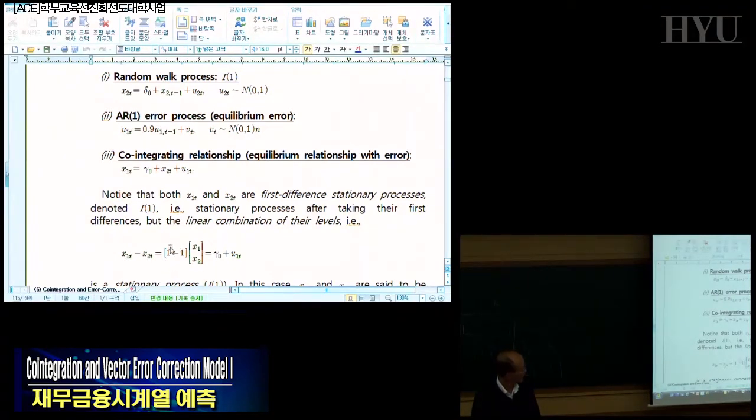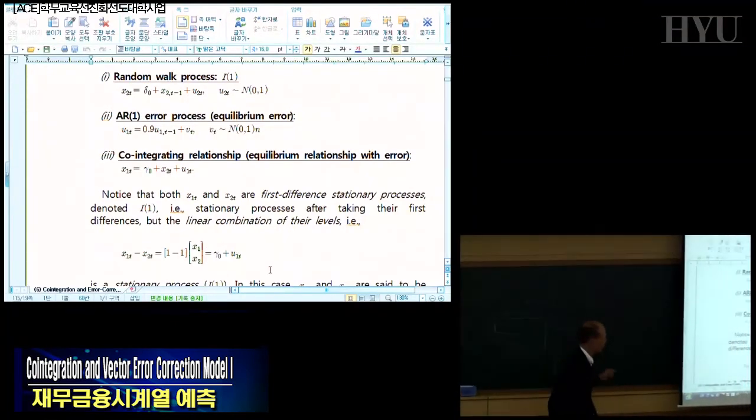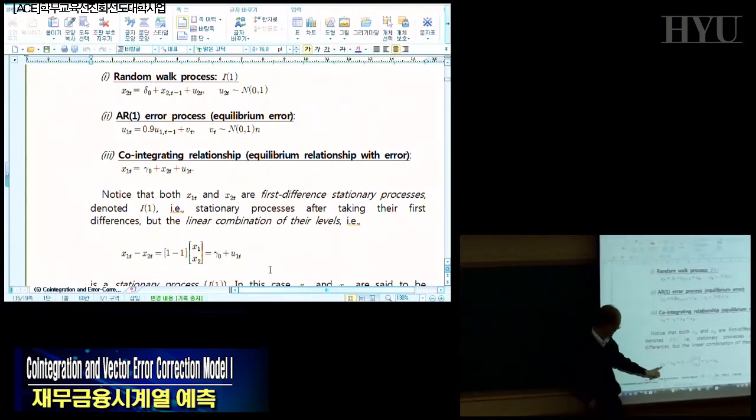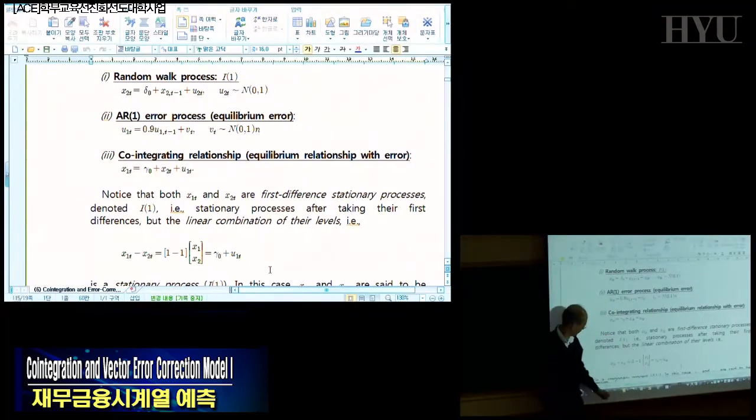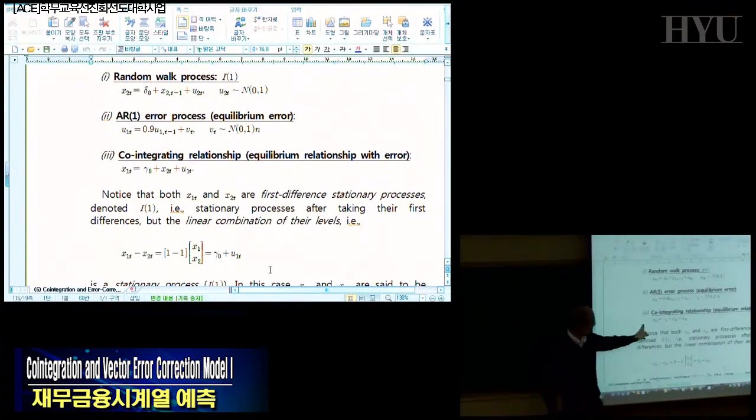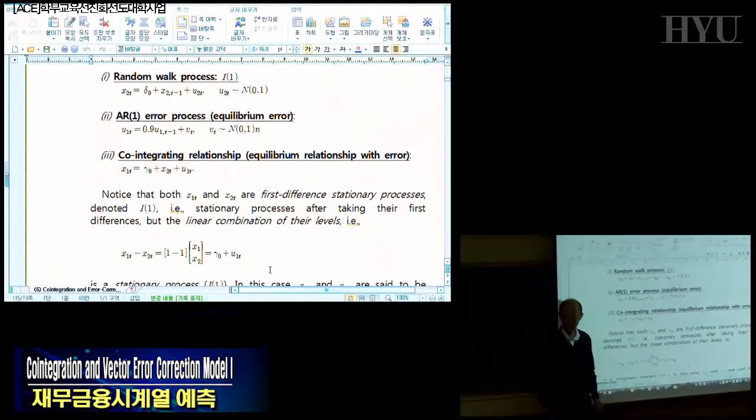Their linear combination is stationary. Okay. If that condition is satisfied, making this kind of property possible, and if there is a non-zero coefficient, in this case 1, in this case this one, we call this coefficient a cointegrating factor, and this a cointegrating equation. Okay.